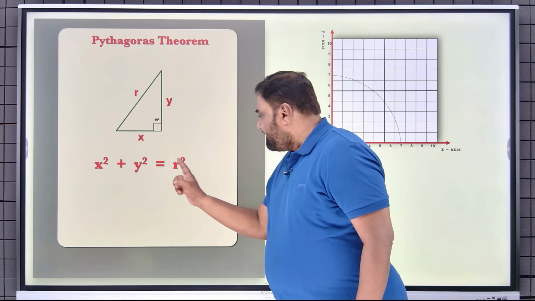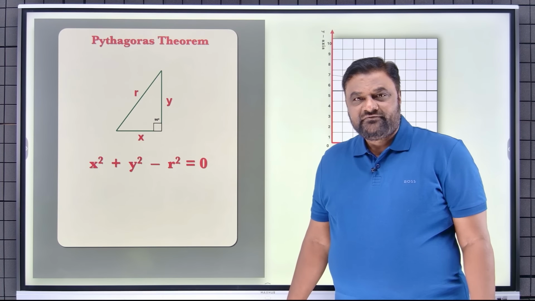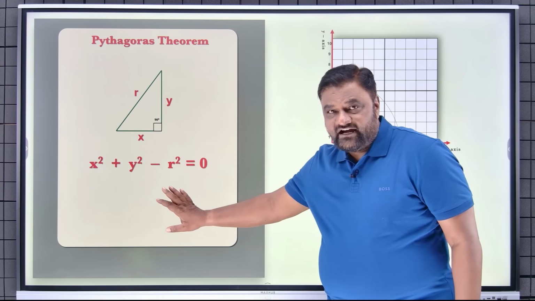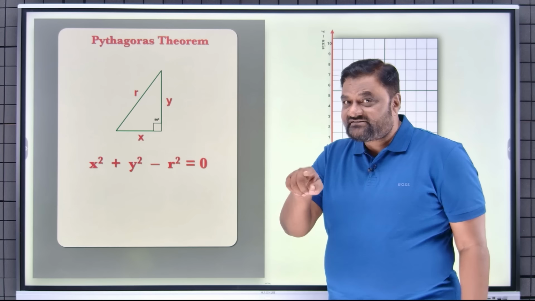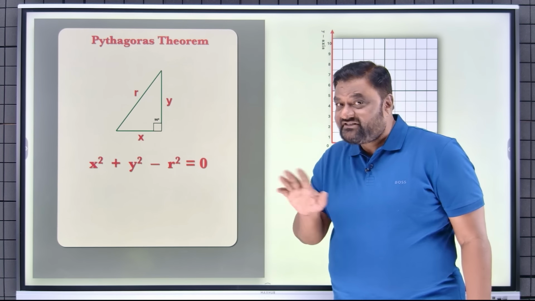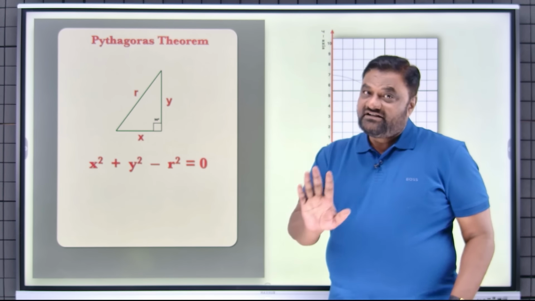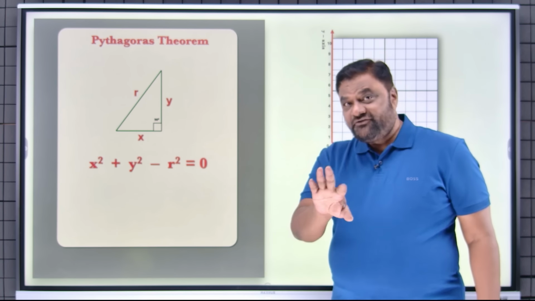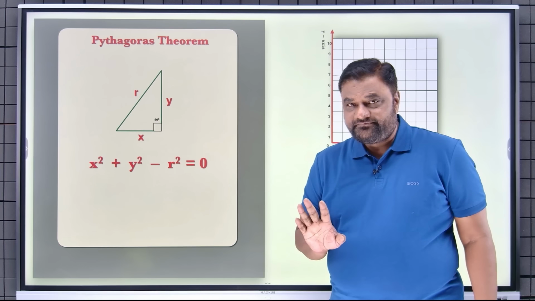And if I keep r square on that side, this will be equal to 0. Now this says that if you have any x comma y on the circumference of the circle with radius r, and if you put that x and y here, the result will be 0. If you are getting the result as 0, it means the point is on the circumference of the circle, and the other way round.